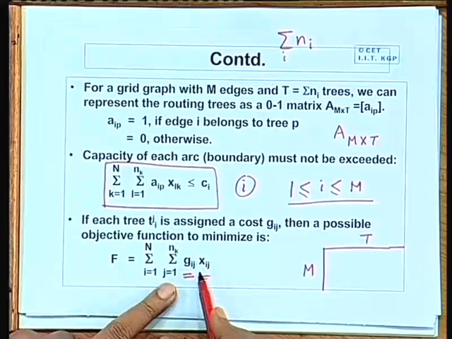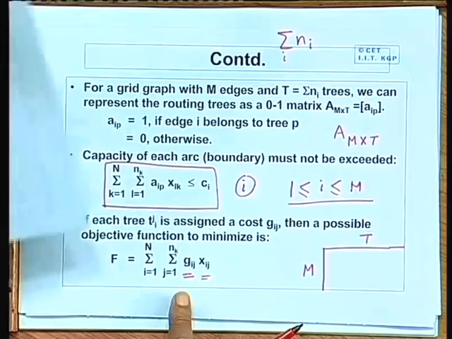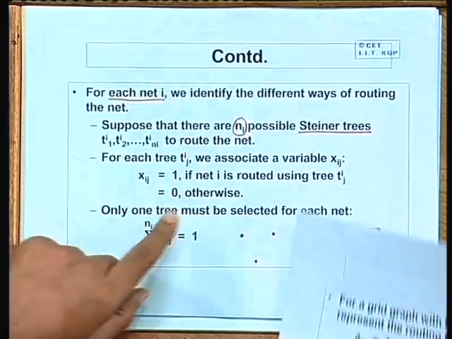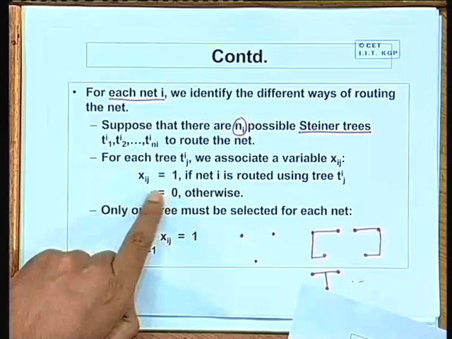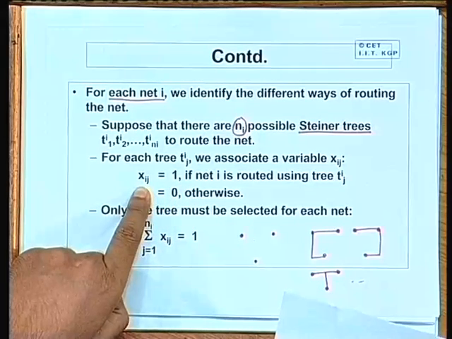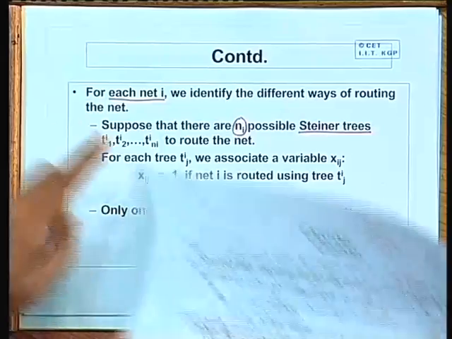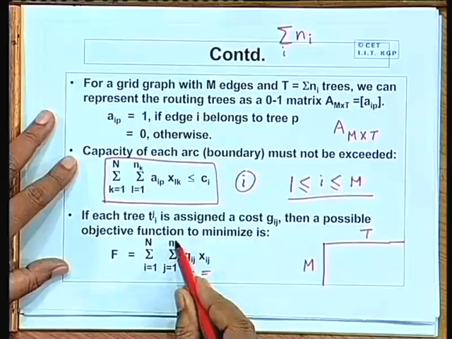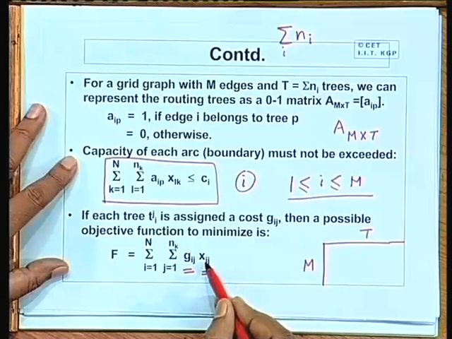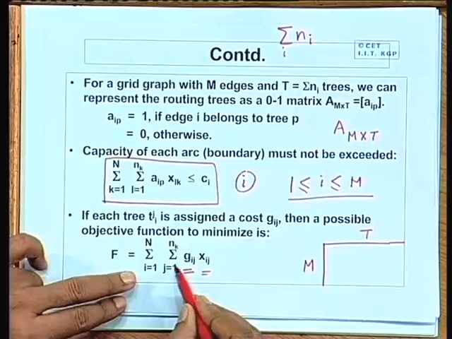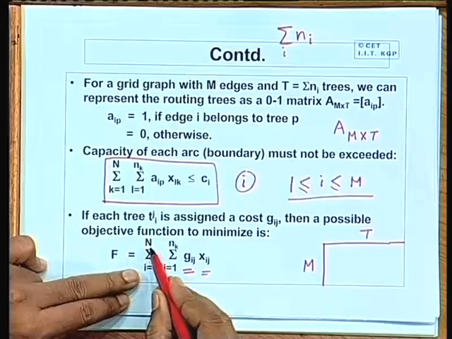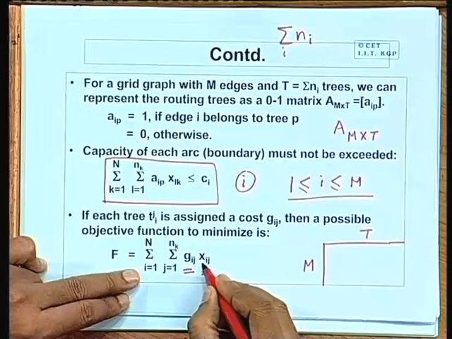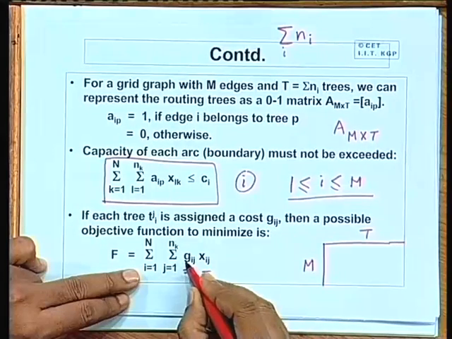See, this Xij indicates, for net i, which tree we have taken, the jth tree. So, we are summing over all j's. One of the Xij will be 1, the rest will be zeros, and this sigma is summed over all the nodes, and each of the trees will have an associated cost.